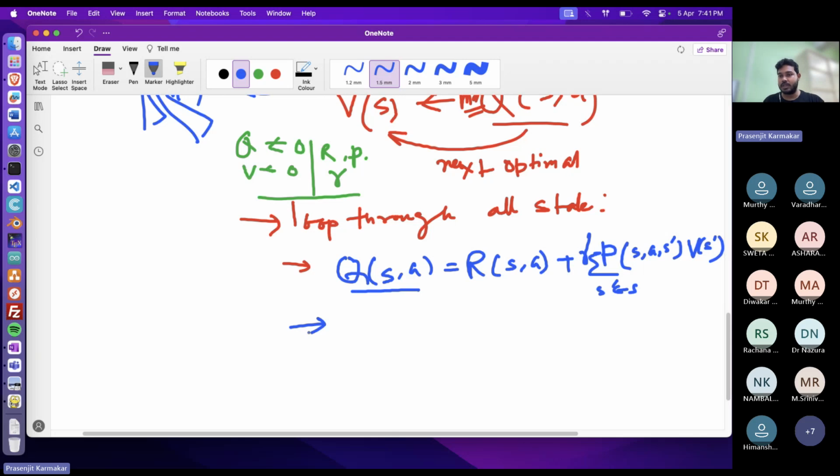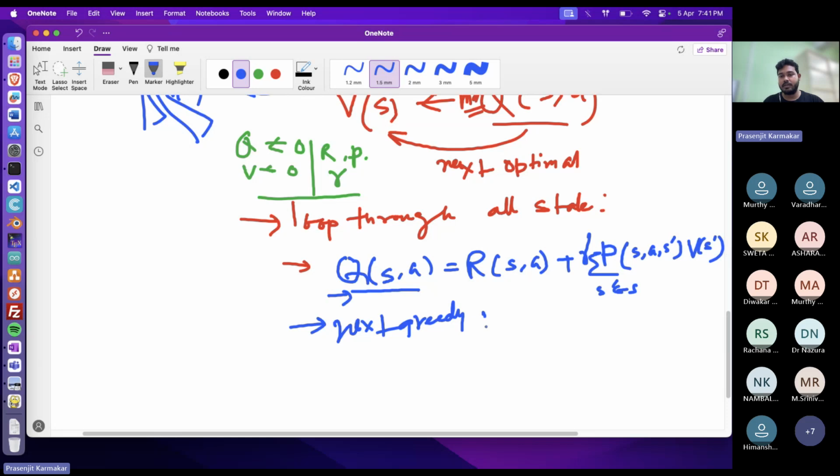you derive two things. One is you update the new value and you update the corresponding policy, right? For the new value, I take the next policy greedily. What will be my next policy? Whatever action has the maximum Q at this point will be my next greedy policy.